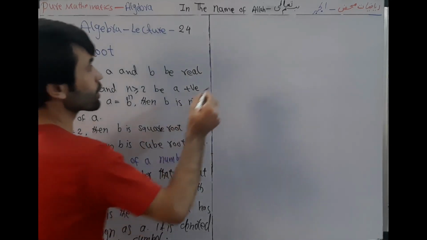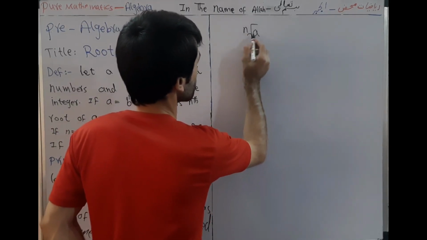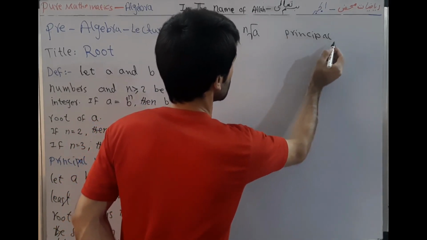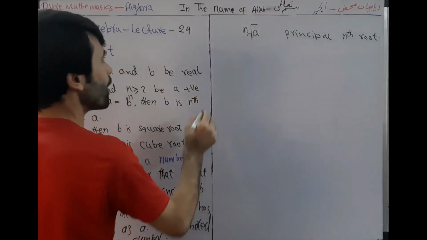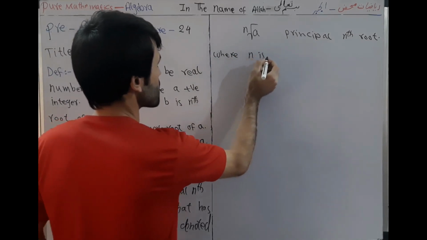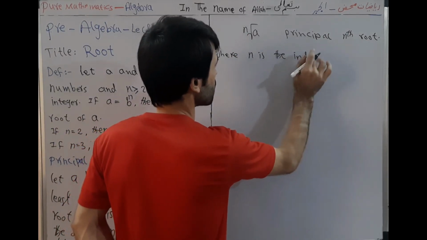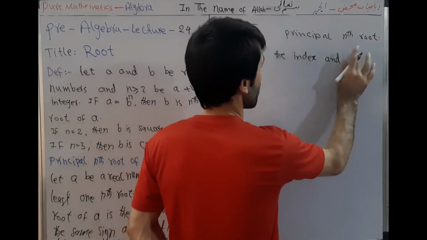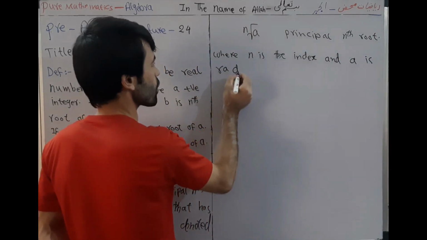Now you can write it like this: nth root of a, it is called the principal nth root, where n is the index and a is the radicand.